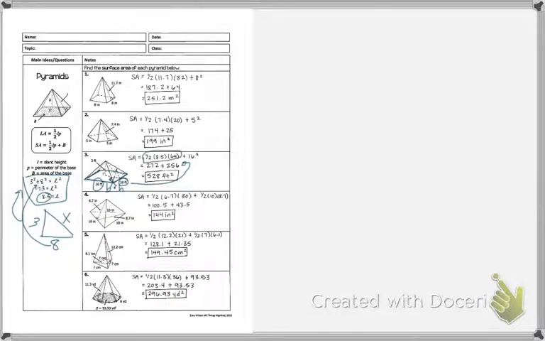This is my lateral area. There it is. Or you can just put the entire thing, all of that, into the calculator, so you can get that.